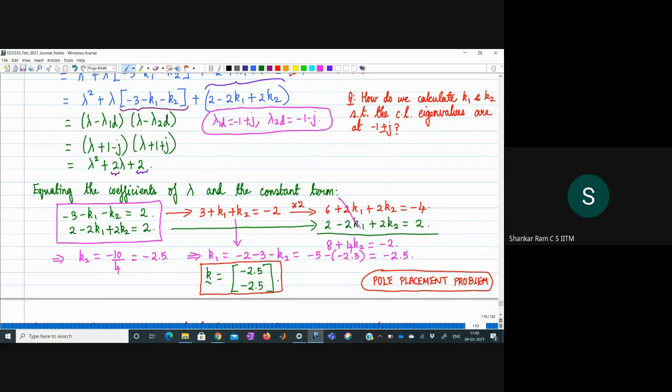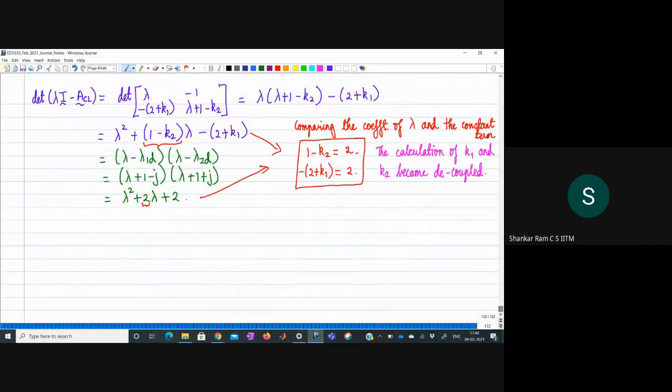K1 and K2 were there in both the equations. Consequently, we had to do some more algebra to get the solution for K1 and K2. However, when we deal with the controller canonical form, it becomes decoupled. So this is a big advantage, particularly when we go for higher order systems.